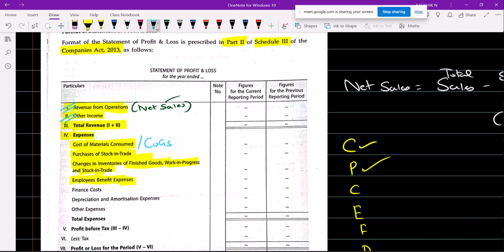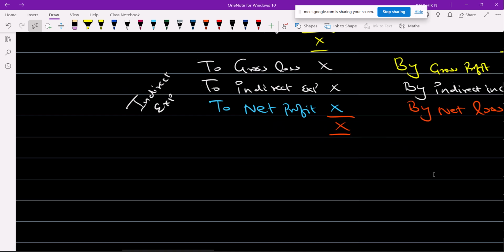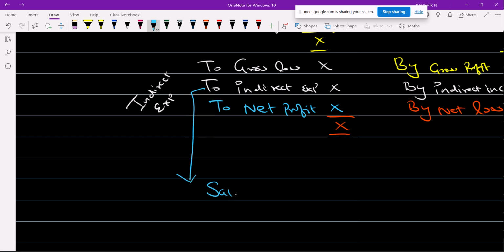You can see, in your P&L account you record indirect expenses. Some examples for these indirect expenses: salary is an indirect expense, right?